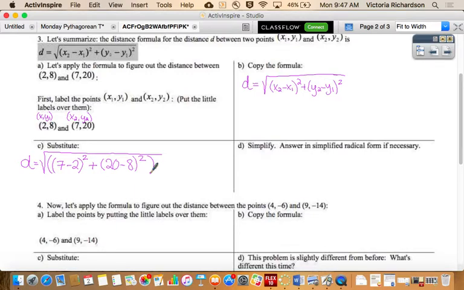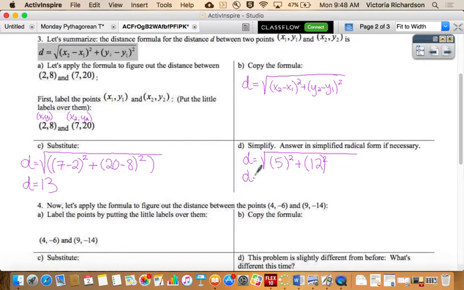13. X equals 13. Or D equals 13. Very good. So I'm going to simplify this in D, and I'm going to show you exactly what happened. So D is equal to the square root. Now I'm going to start with 7 minus 2, which is 5 squared, plus 20 minus 8, which is 12 squared.